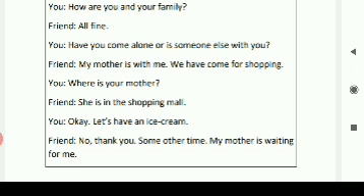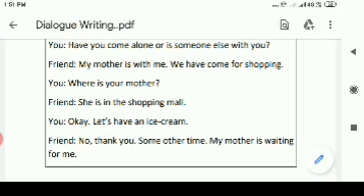Let's try to understand the word let's. Otherwise, let us have an ice cream. Friend: no thank you, some other time, my mother is waiting for me. You find here three sentences are used by the friend, and in the first sentence, whenever you use no or yes, after that it is obligatory that you put a pause there.